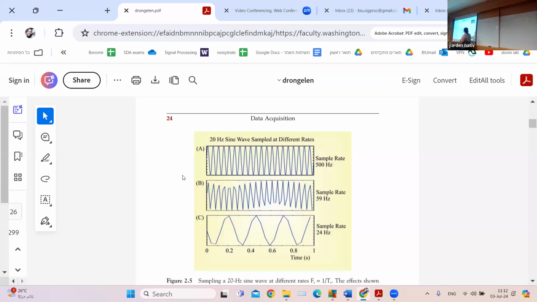And here at 24 hertz, we see that we have a downsampling, so that each one of the dots over here, instead of having this full range, is much wider, and we don't have the right frequency. So you can see that the lower our sampling rate goes, the more and more lower frequencies are attached to the signal instead of the real frequencies that it has. Okay?